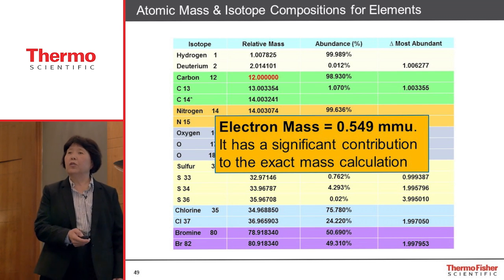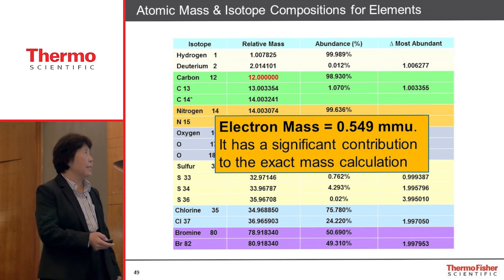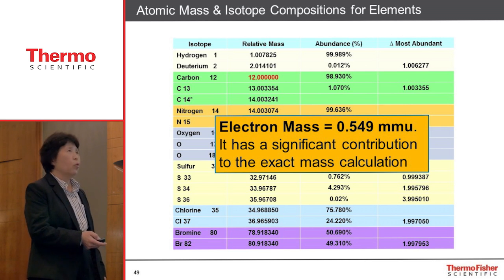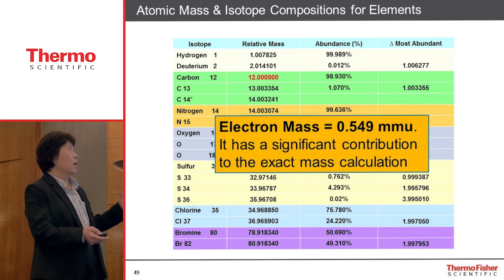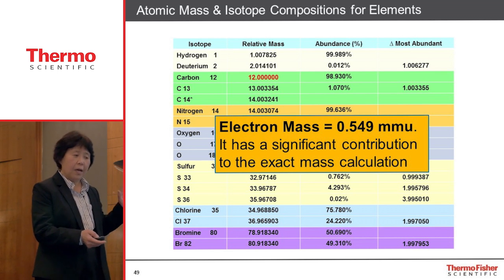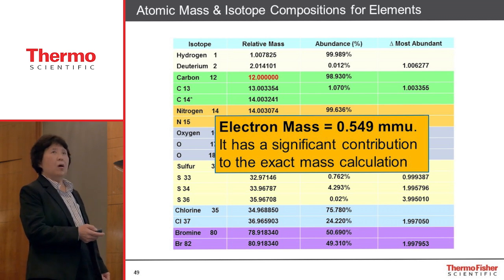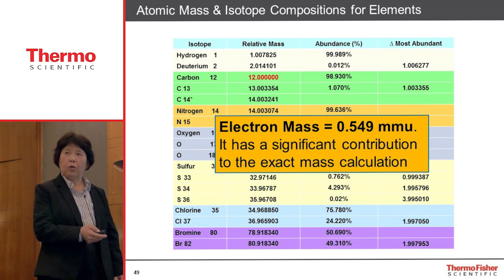I know a lot of you here are experts, but we just try to review some of the basics. As we all know, except carbon-12, all the elements have atomic weights that are not integral, right? More than half of the elements on the periodic table have stable isotopes.